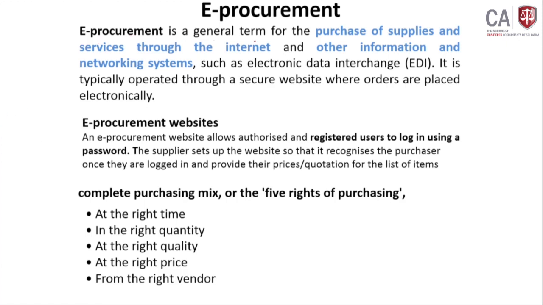E-procurement is a general term for the purchase of supplies and services through the internet, using information and network systems such as electronic data interchange. EDI is also used in e-procurement. It is typically operated through a secure website where orders are placed electronically, the e-procurement website.